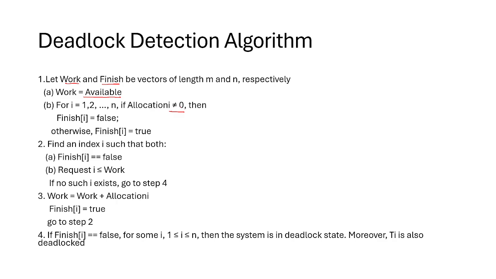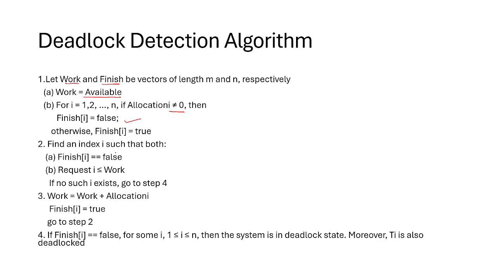If the allocation is equal to 0, that thread has completed its execution, because only then will the allocation become 0. If the allocation is not equal to 0, it means that particular thread has not completed its execution, so its Finish is equal to false. Otherwise, if it is 0, it will be true.